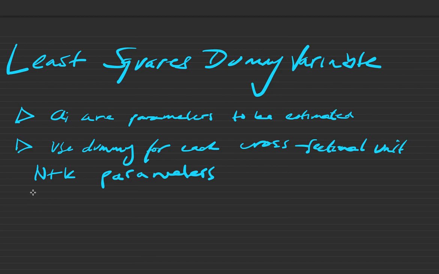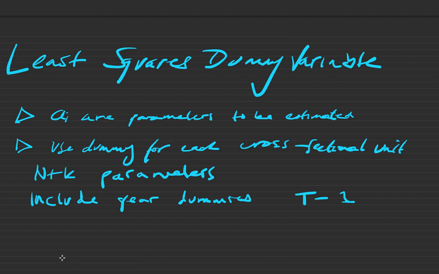And if we include year dummies, which we absolutely should always include, we'll want to include T minus 1 year dummies. If we include the full year dummies, then we'll end up with multicollinearity with the n cross-sectional dummies, the dummies for the a_i.